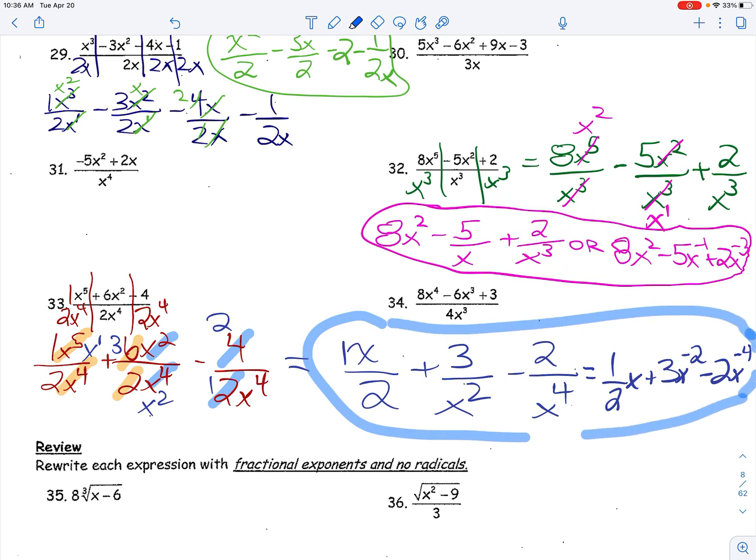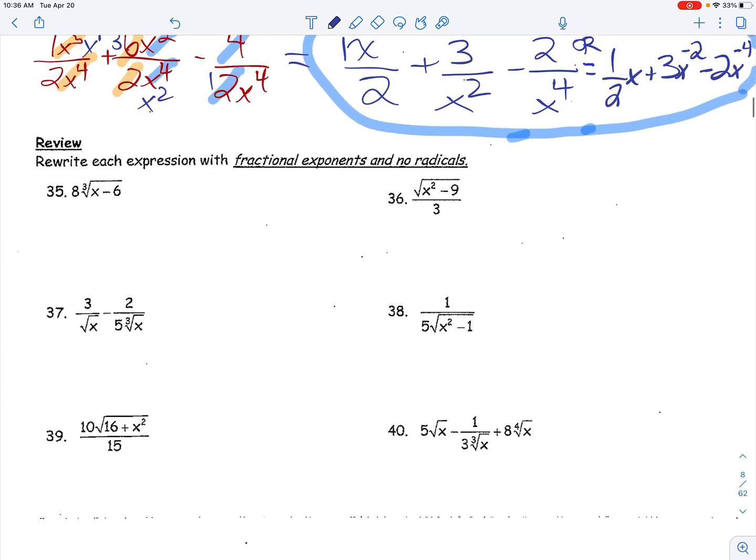So either way there, guys. All right, looking good there for number 33. That's number 33.